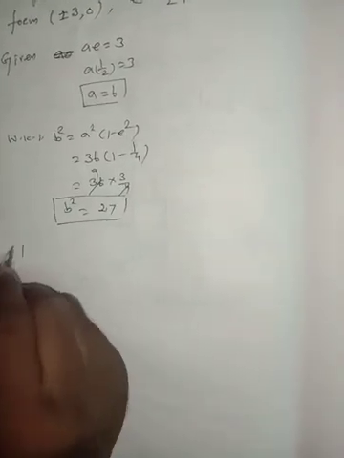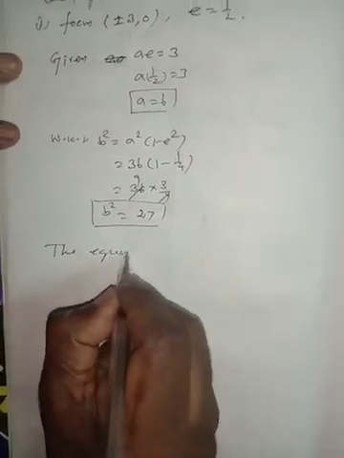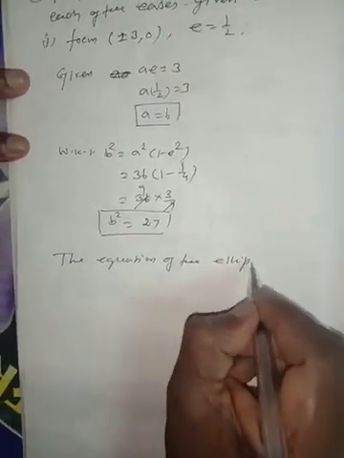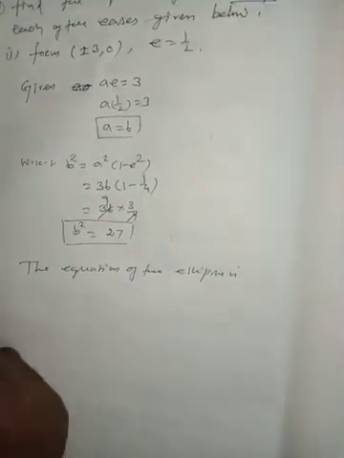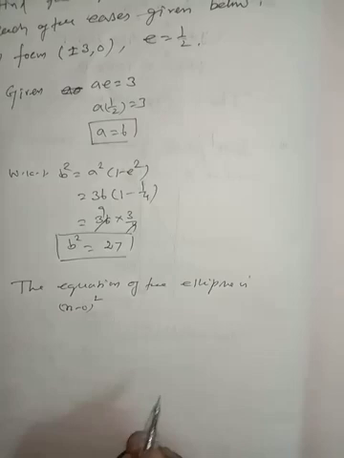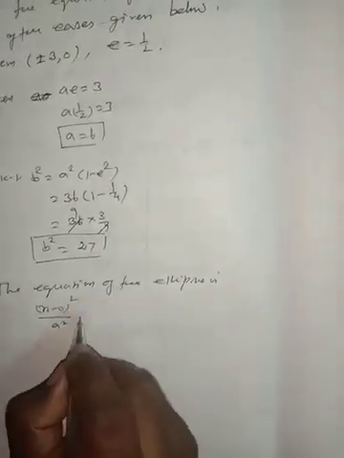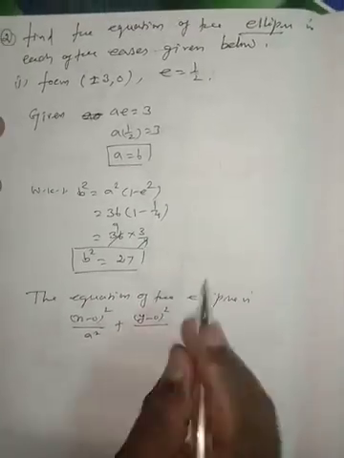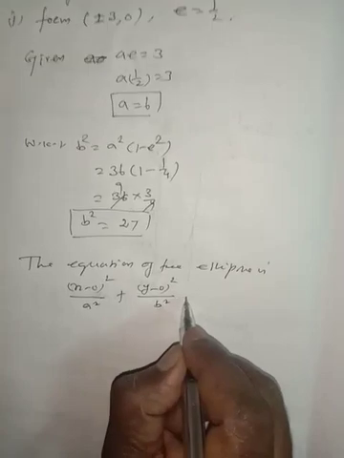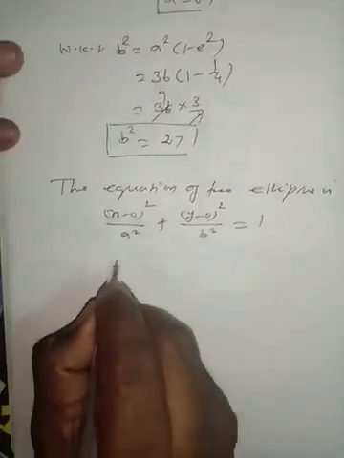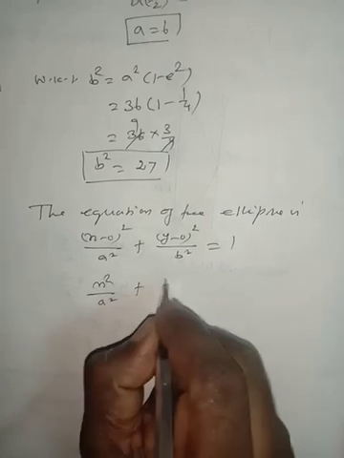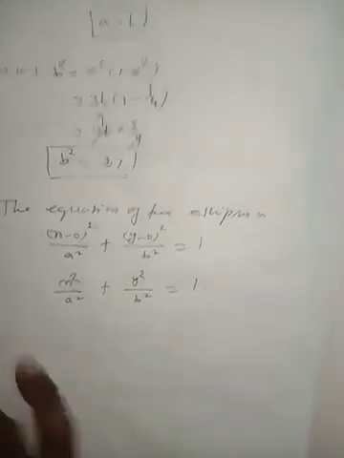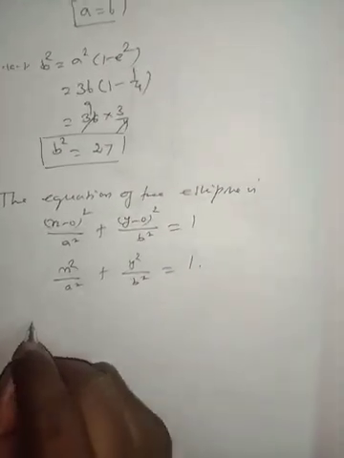The equation of the ellipse is x minus 0 whole square by a square plus y minus 0 whole square divided by b square is equal to 1, in another form x square by a square plus y square by b square is equal to 1.